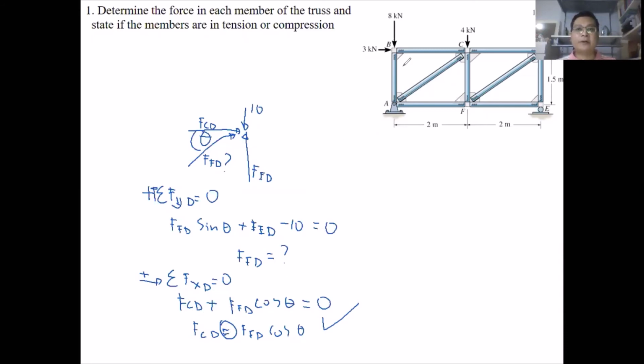Okay, for the next equation, you can find out by yourself. If you have a problem, you can discuss with me anytime in the WhatsApp group or email. You can contact me.